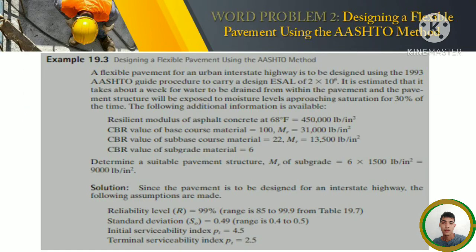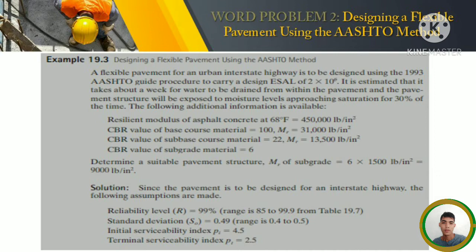Now, let's have another word problem. This time it's for designing a flexible pavement using the AASHTO method. So, the problem goes like this. A flexible pavement for an urban interstate highway is to be designed using the 1993 AASHTO guide procedure to carry a design ESAL of 2 times 10 raised to 9.